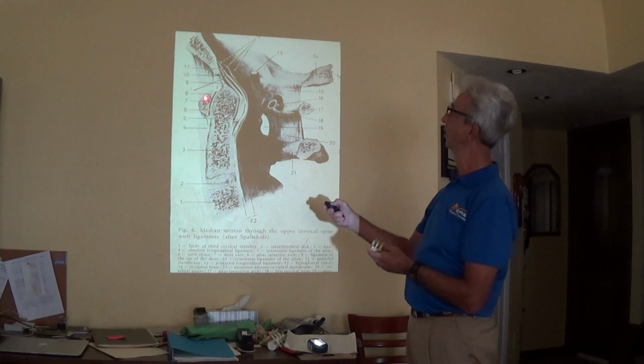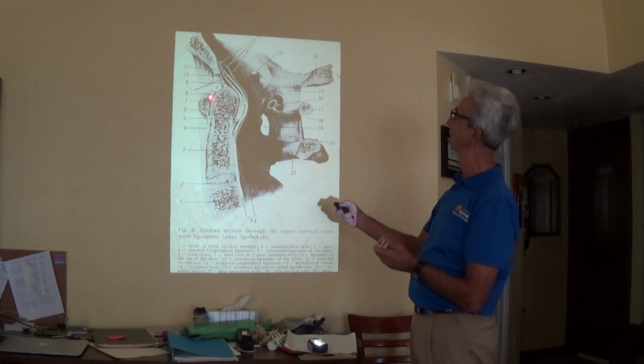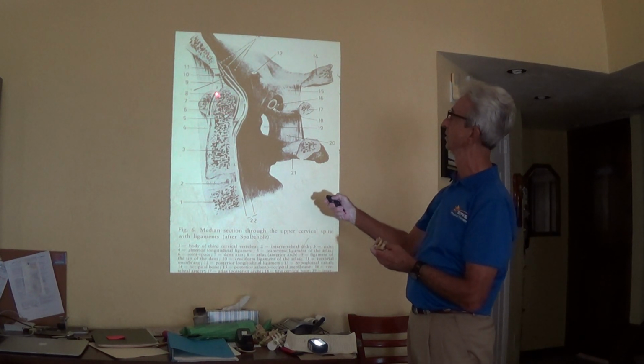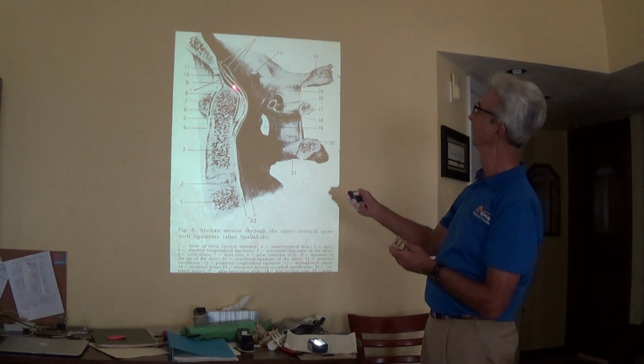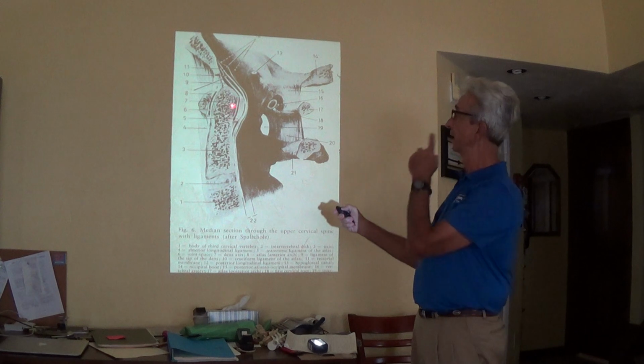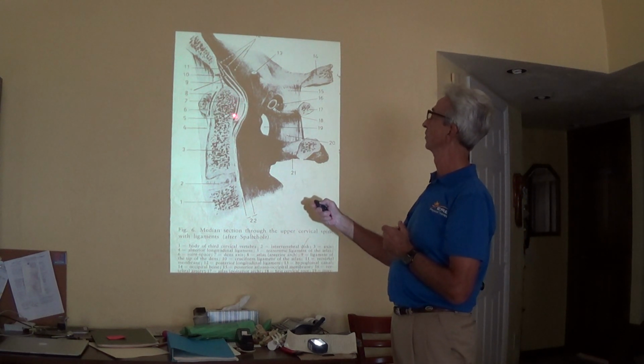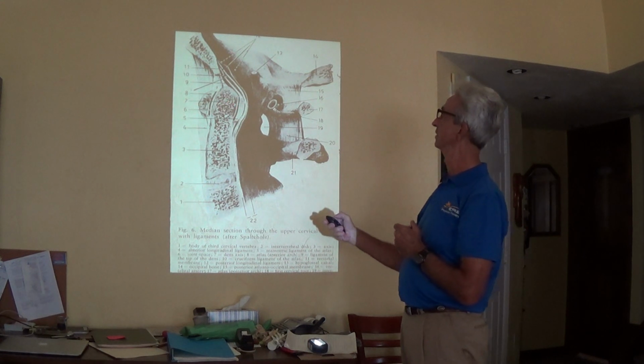This would be the arch of your atlas here, and this is the dens coming up, and then you have articular cartilage here, and then you have this transverse ligament holding the dens against the atlas, and you have a joint here between this transverse ligament and the dens.